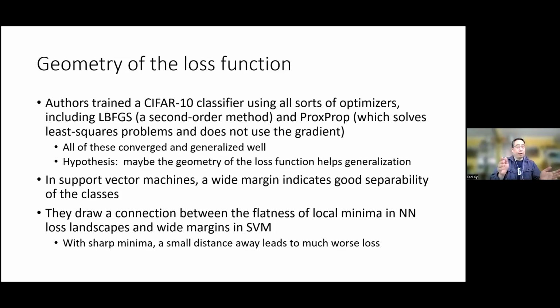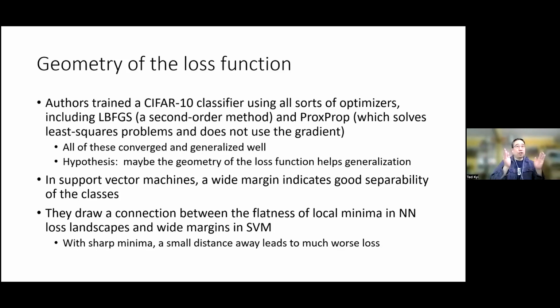This is highly desirable. And so they draw a connection: the flatness, the wideness of a local minimum in a neural network loss landscape is a lot like a wide margin in an SVM, and we want flat, broad bottoms to our minima.